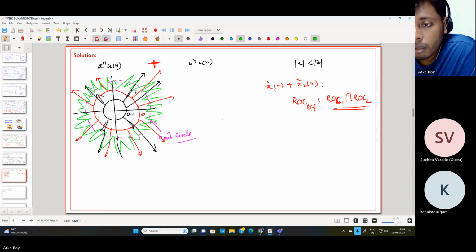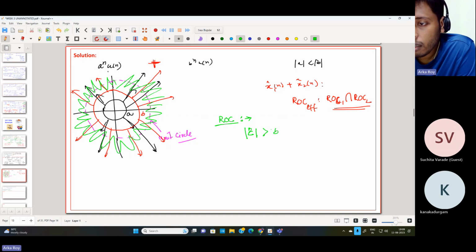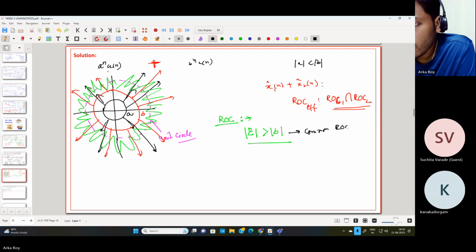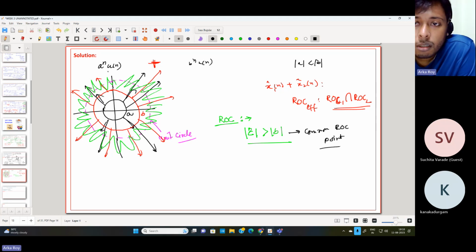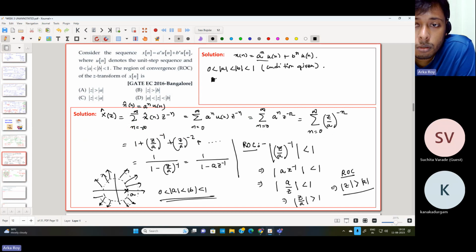So the ROC should be mod z greater than mod b, because this is the common ROC. So let's see the options. It will be option B.